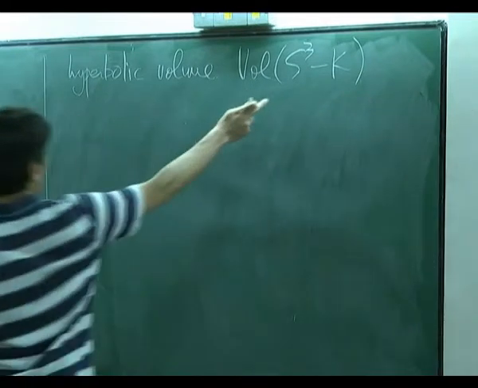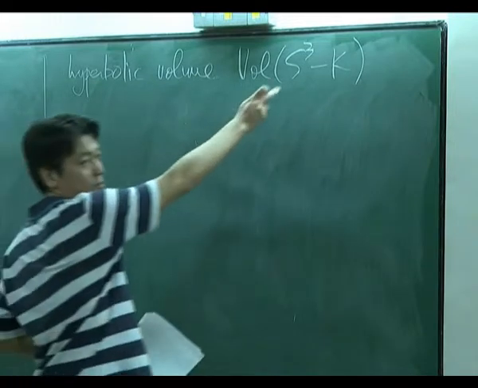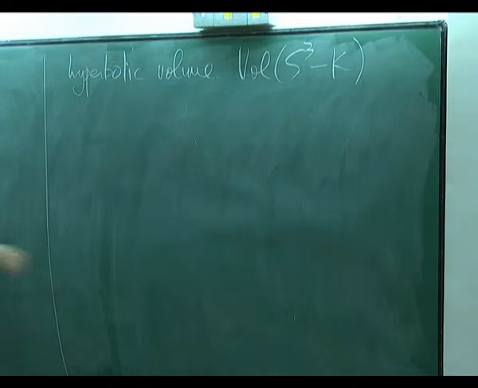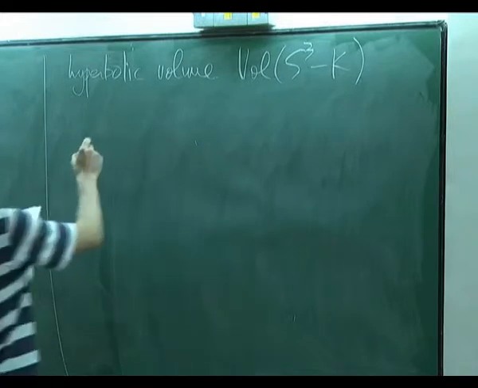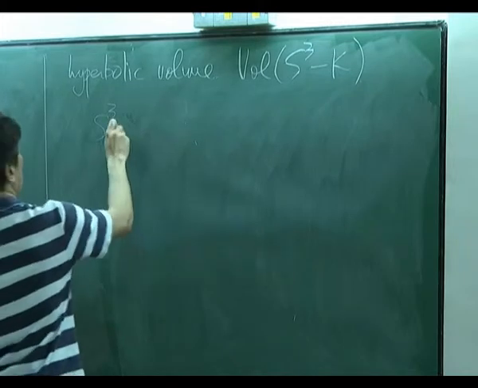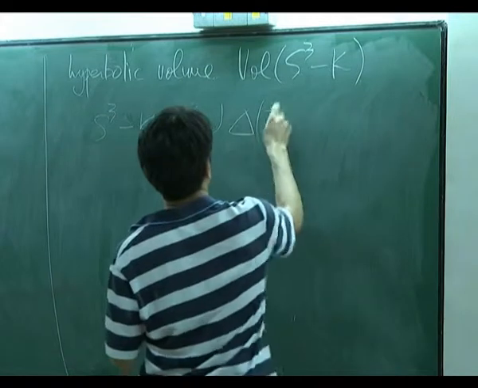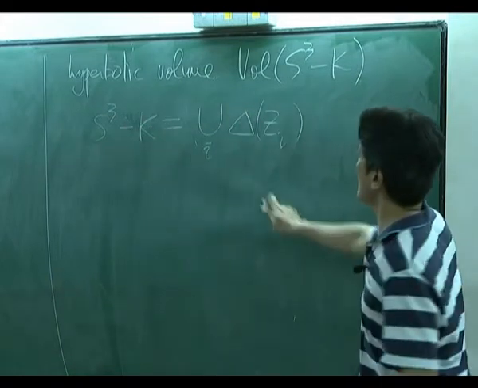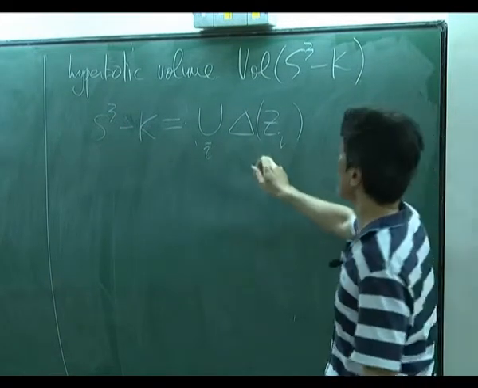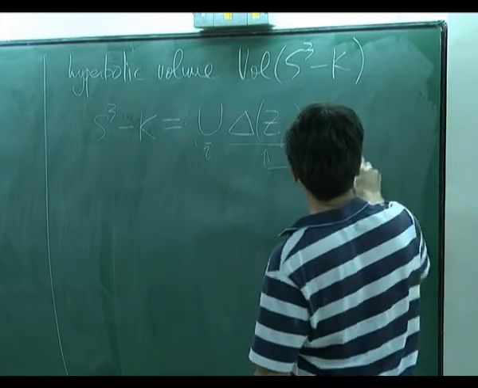Mathematically, it is known that the complement of a hyperbolic knot can be constructed by gluing hyperbolic ideal tetrahedra together, as a gluing of ideal tetrahedra.